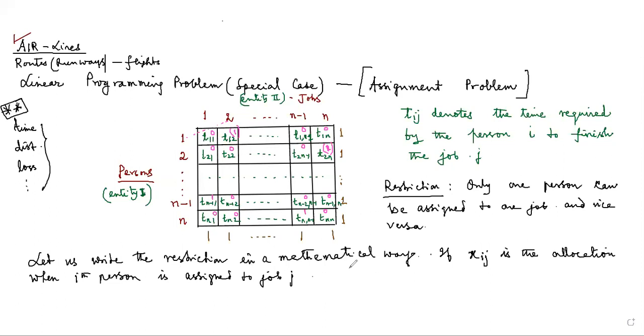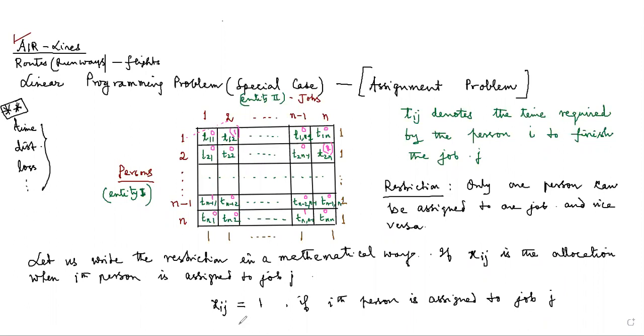Now, carefully observe that one restriction is saying that Xij is equal to 1 if the ith person is assigned to job j. Okay, this is one restriction.